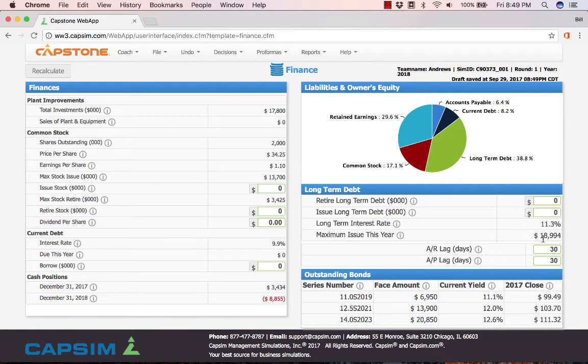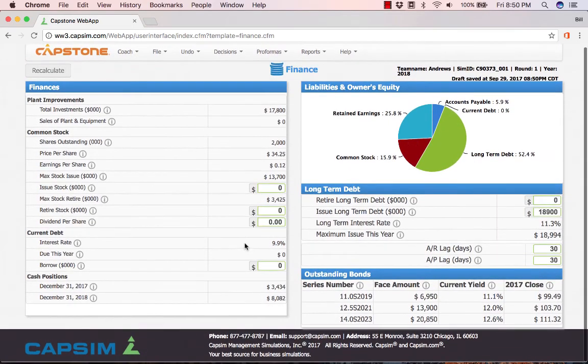I'm going to go for broke on this because I've created a new product. I've bought some new automation and capacity, and so I'm going to issue $18,900,000 worth of bonds. And let's hit recalculate here. There we go.